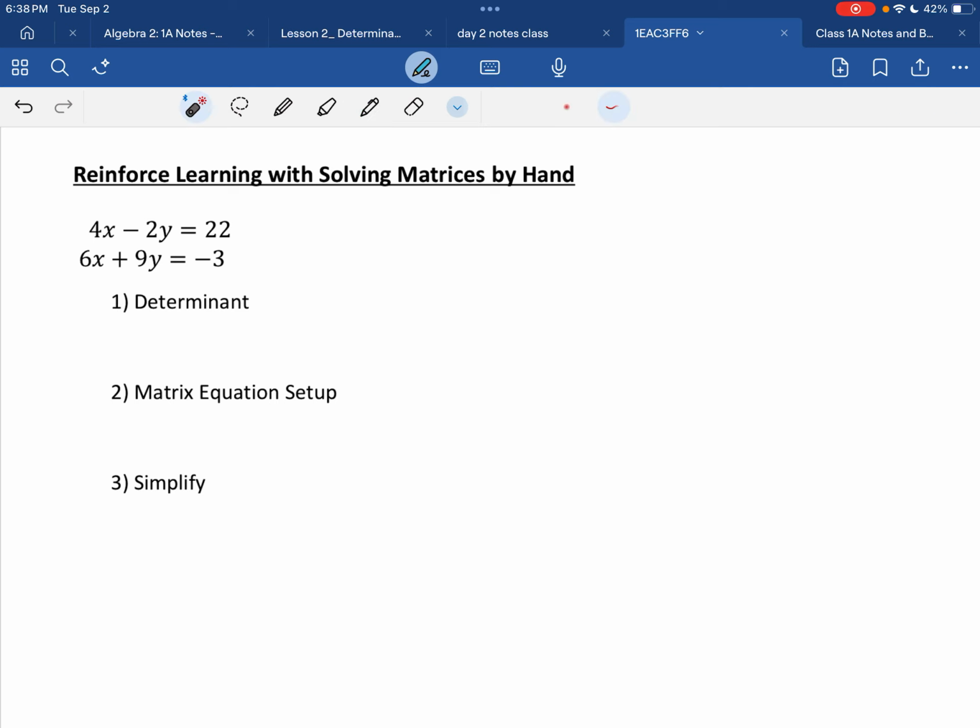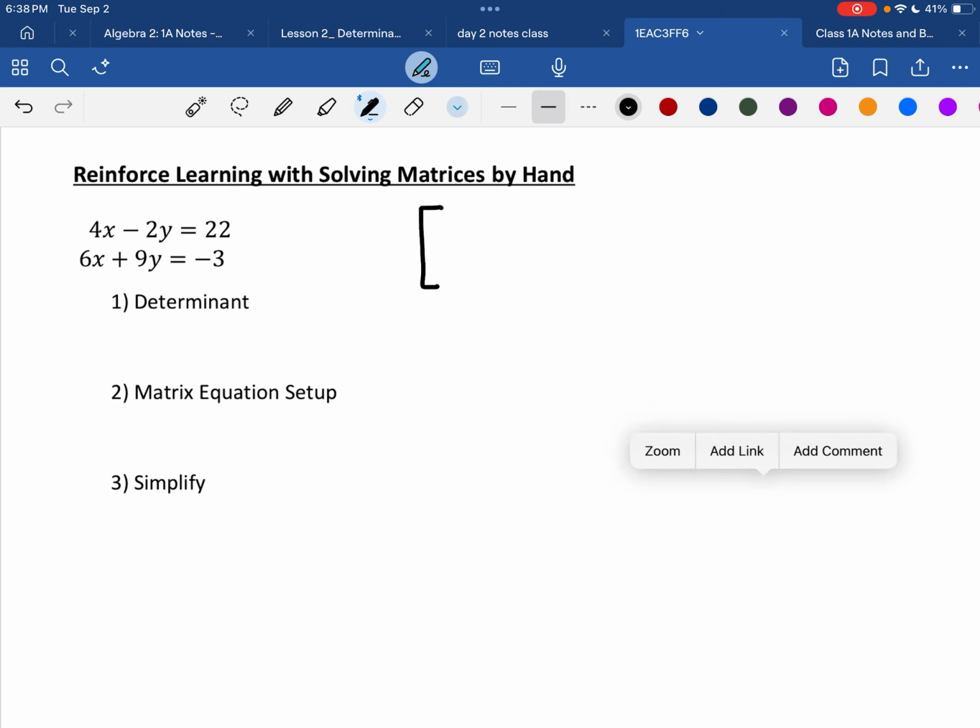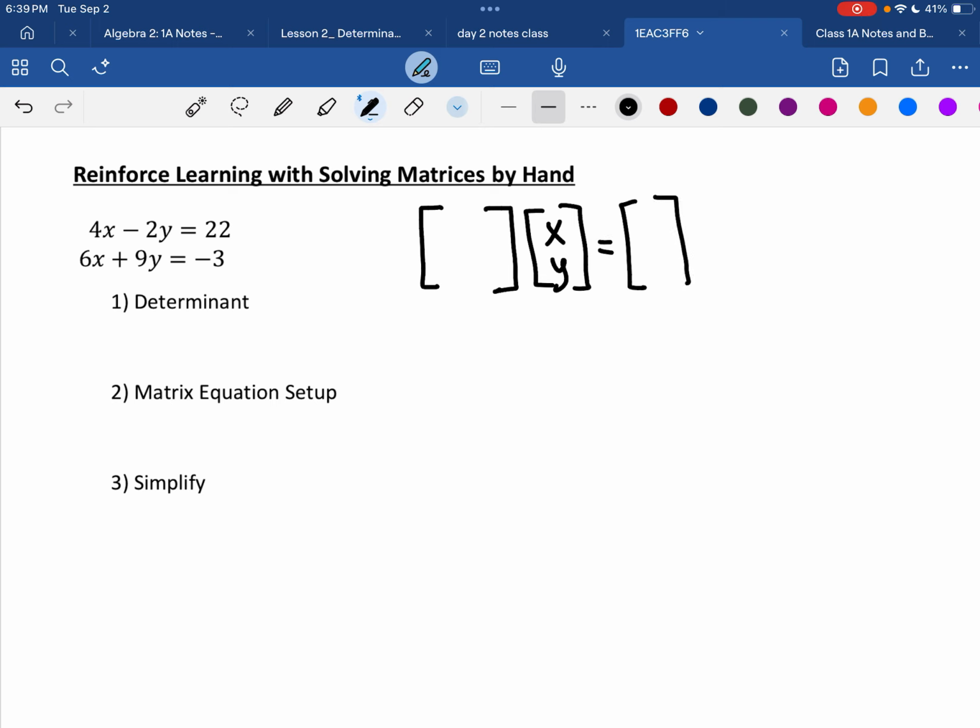When you're looking at your matrices, you need to figure out this matrix, a variable matrix, and then your answer matrix. So what I like to do is pre-draw items. So I'll have a 2 by 2, with a 2 by 1 with x and y, because those are my variables, equals my answers, which would be the 22 and negative 3.